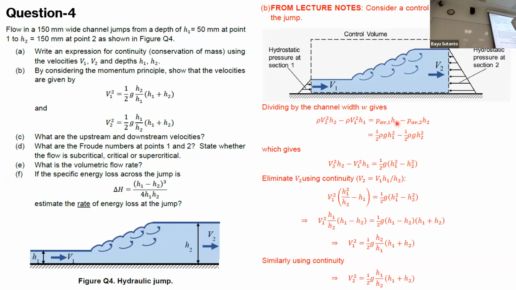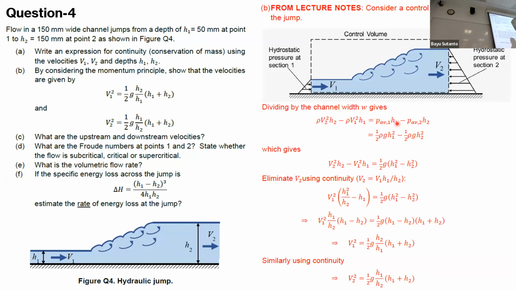So pressure rho g h, where h is represented equal to half H1. So we have half rho g H1 squared. And we input in our questions and you can calculate the functions.